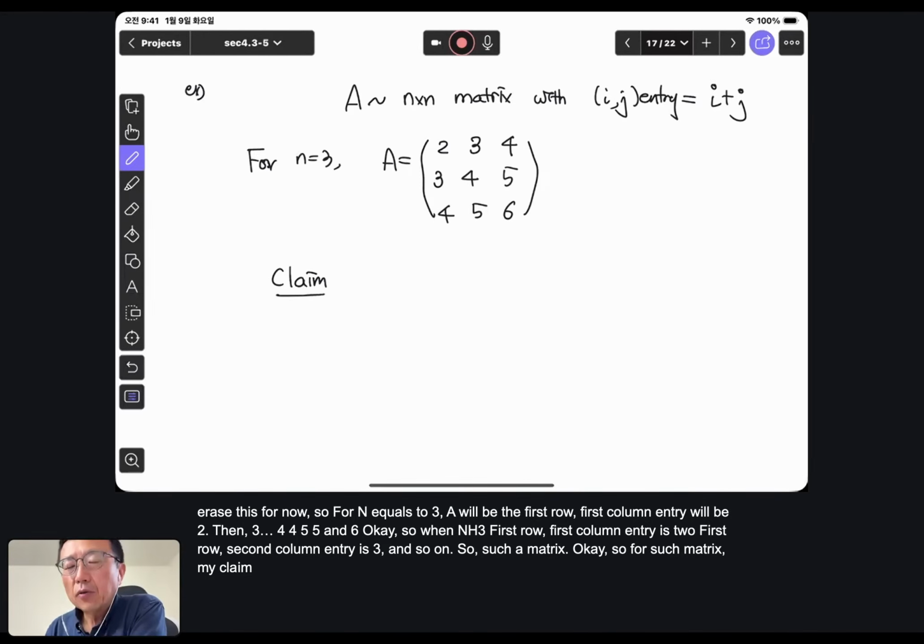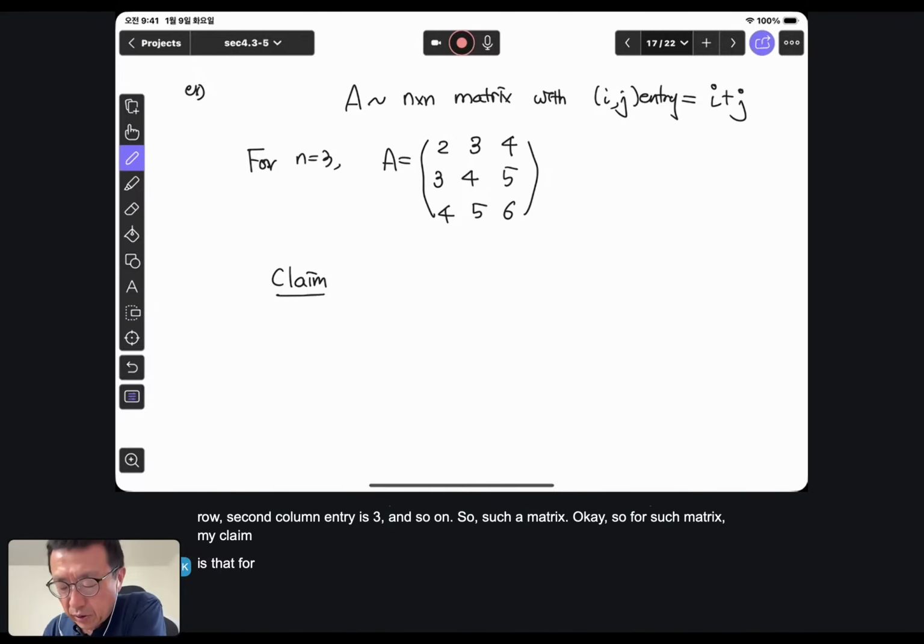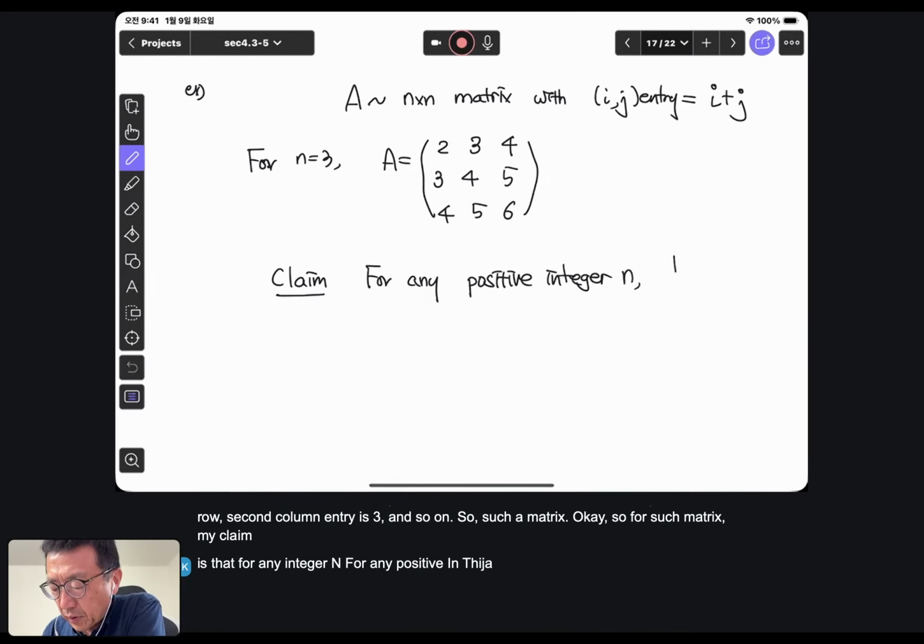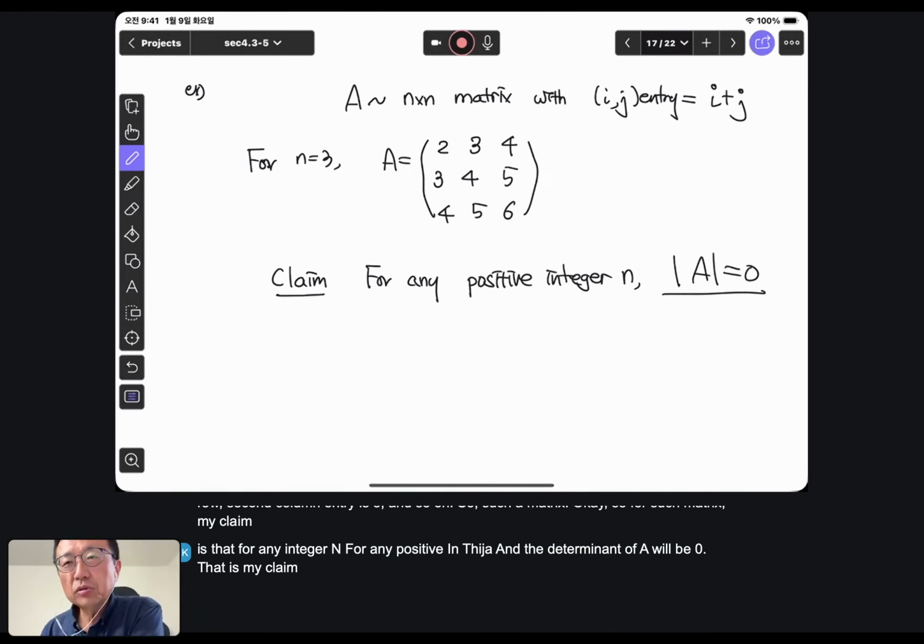Okay, so for such a matrix, my claim is that for any positive integer n, the determinant of A will be 0. That is my claim. Then is it true or false?